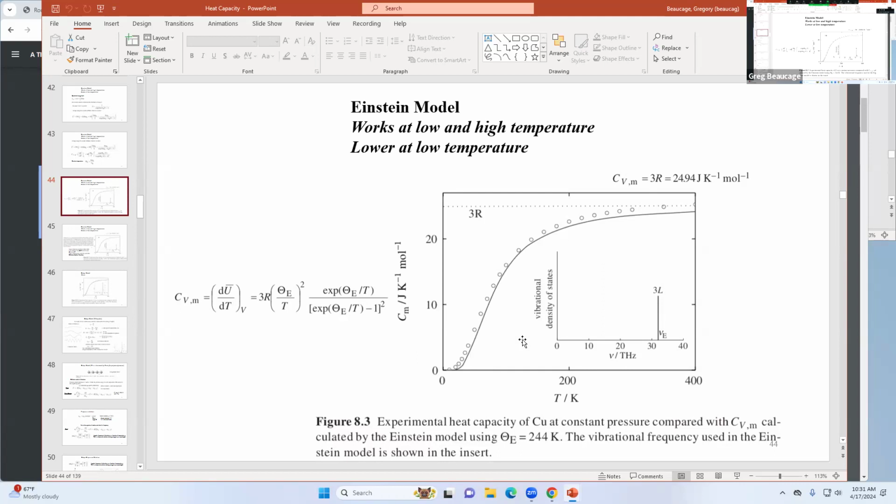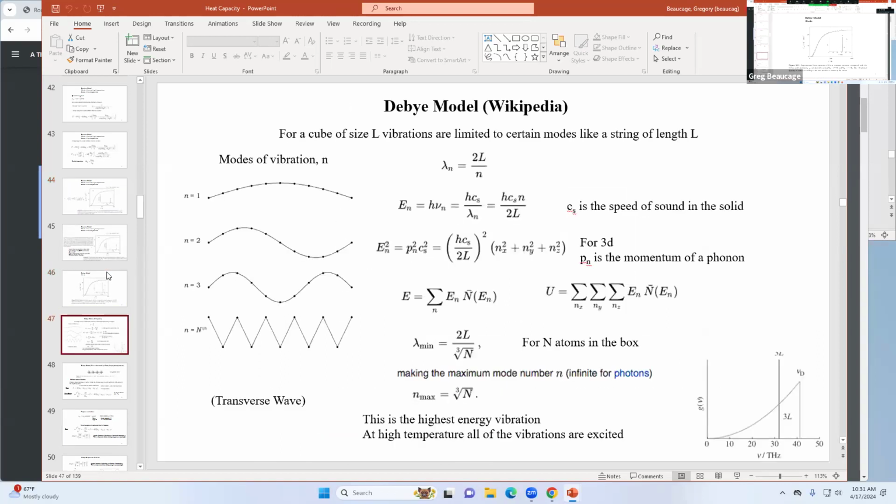Einstein's proposition was that there was one frequency, this Einstein frequency, one frequency of vibration that describes the whole curve. And then in 1912, Debye came up with a model about how things actually vibrate.